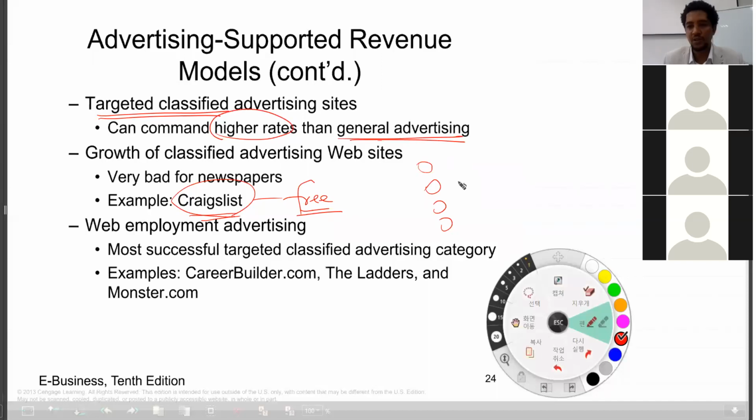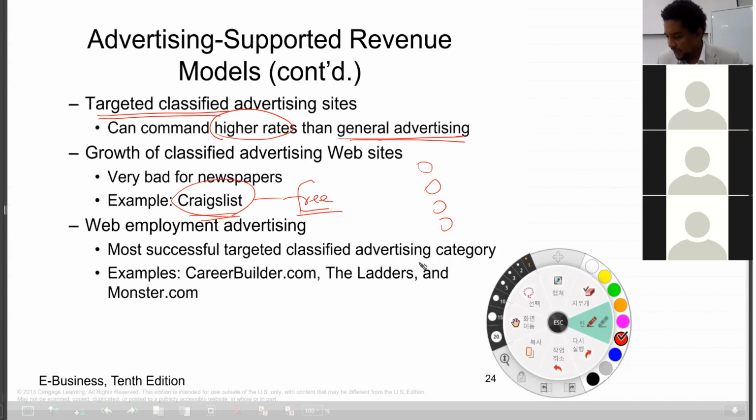So companies do not prefer to use Craigslist to advertise their products, because the users on Craigslist are of different varieties, and it's difficult to target these customers.